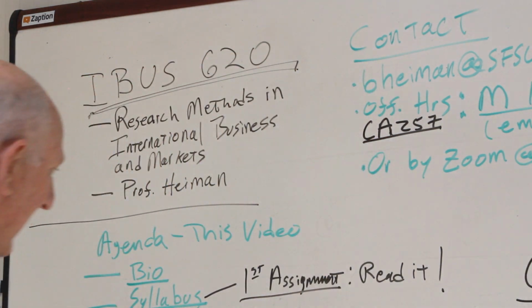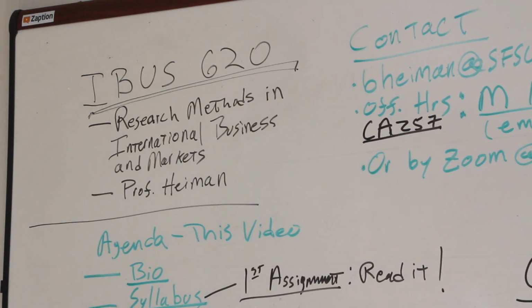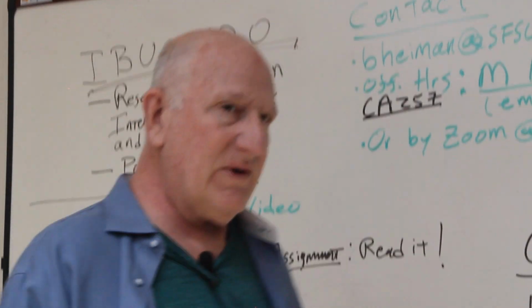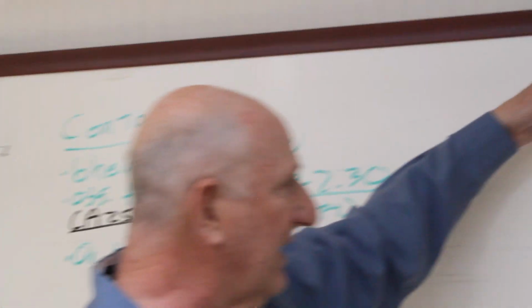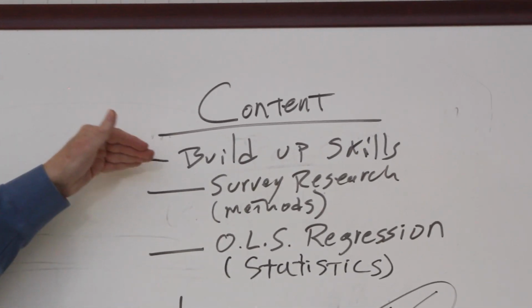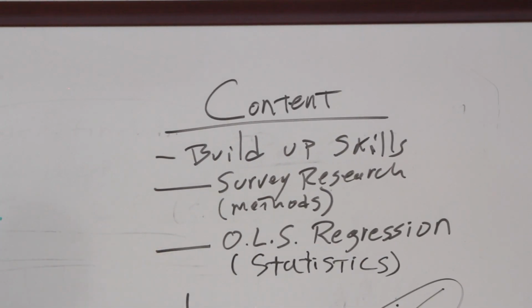Okay, that's the materials. So talk a little bit about the course content, okay? What we're trying to do, I'm going to come over here now and talk about content, is we're trying to build up your skills in two areas at the same time. One is survey research, and that's the methods.